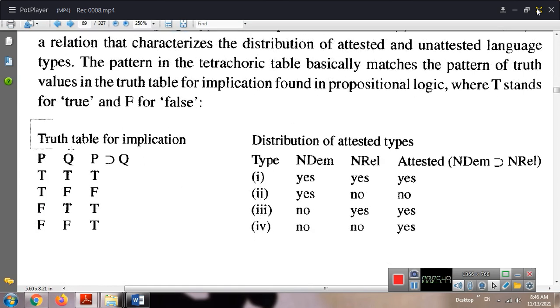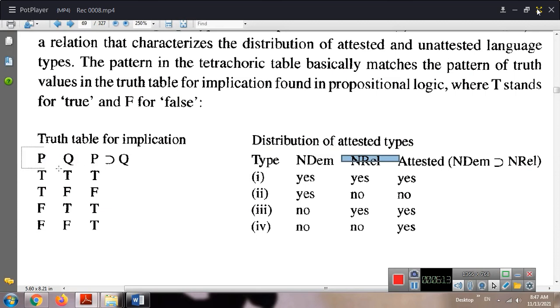Here, dear student, we have the true and false table for implication, and here we have the distribution of attested types. Please consider, for example, the order of noun and demonstrative as P and noun and relative clause as Q.